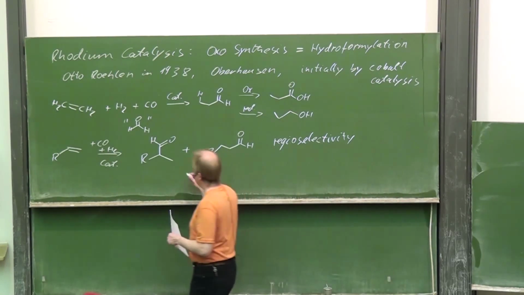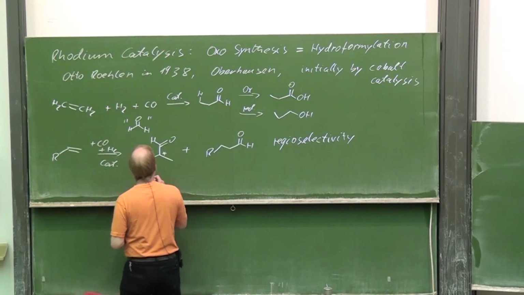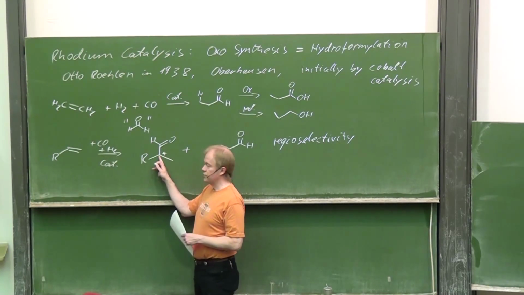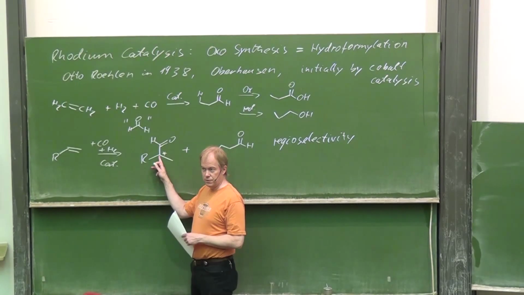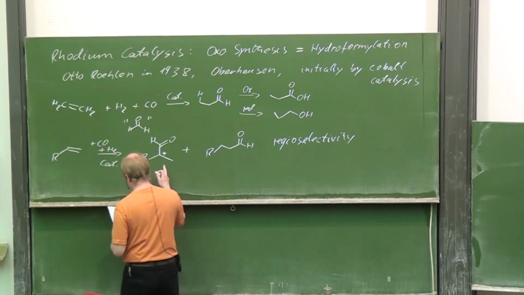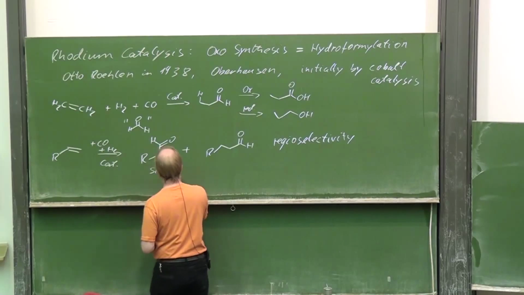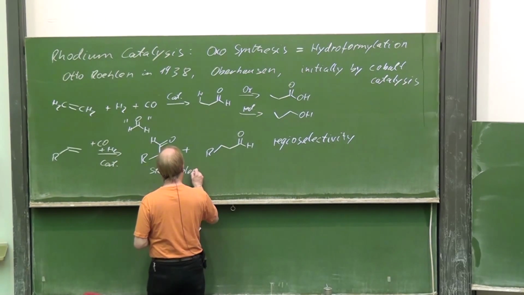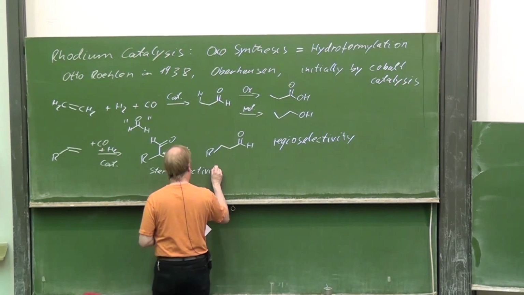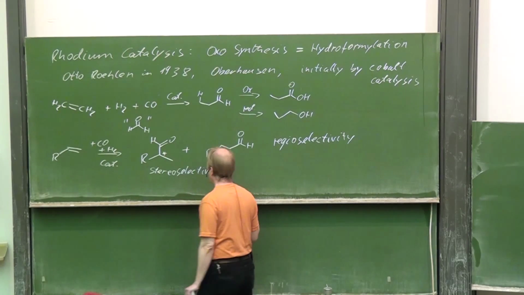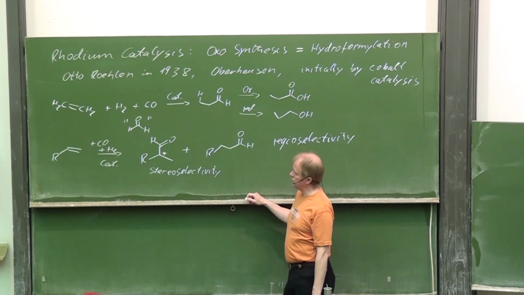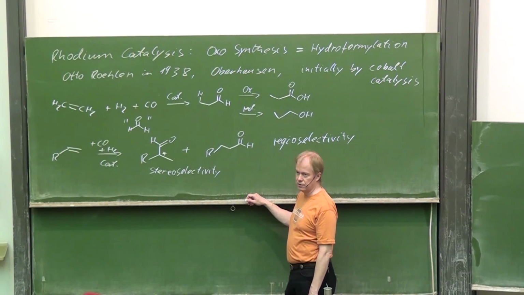So, since we have a stereogenic center alpha in that case with a branched aldehyde, then we have, of course, also the problem of stereoselectivity, and recent research, of course, addressed the optimization of enantioselective induction by chiral ligands.